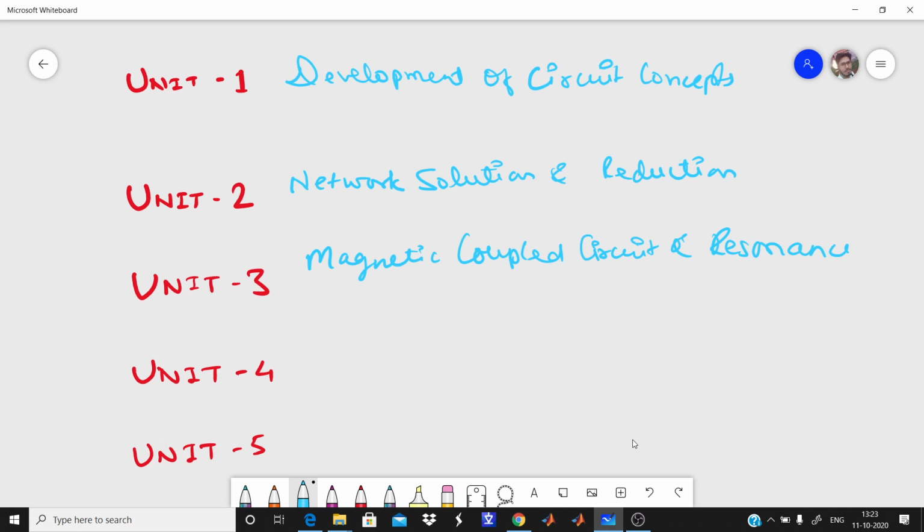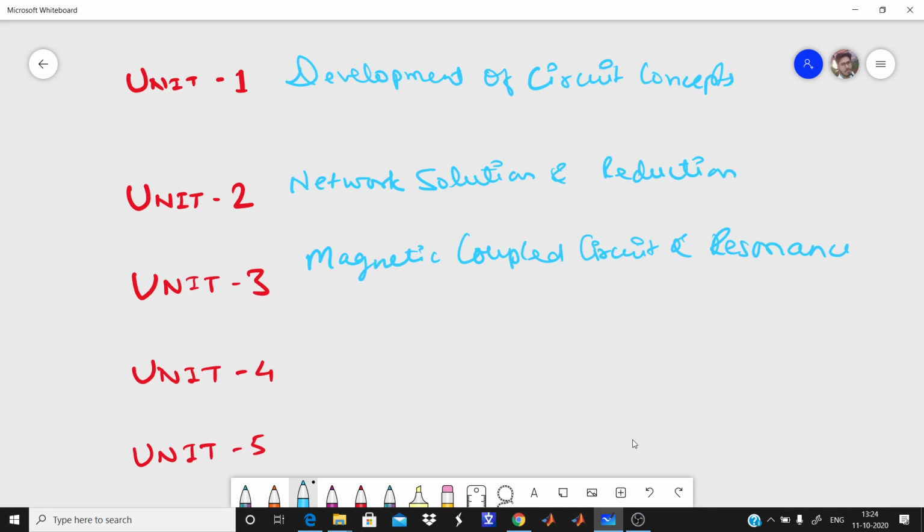In that you have to know what are electrostatic and electromagnetic principles, coupling, self-inductance, mutual inductance, and the coupling coefficient between them, and complete network solution with conductive and inductive coupling, series and parallel resonance, how we can find the solution of that, and how to find the quality factor, bandwidth, selectivity, half power frequency of the network, and locus diagram of simple series and parallel circuits, how we can draw and solve the network by using them.